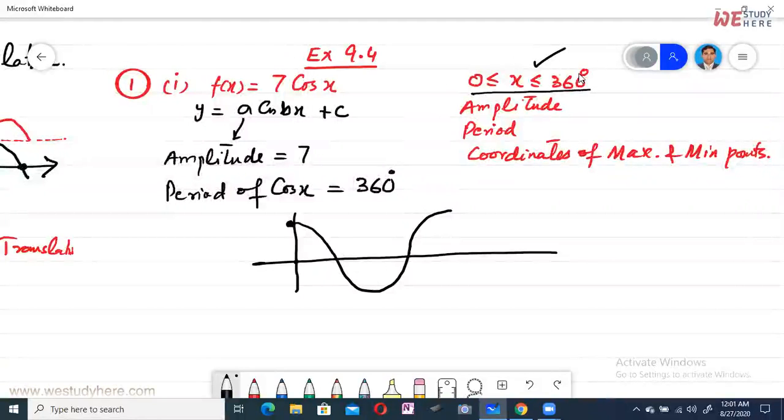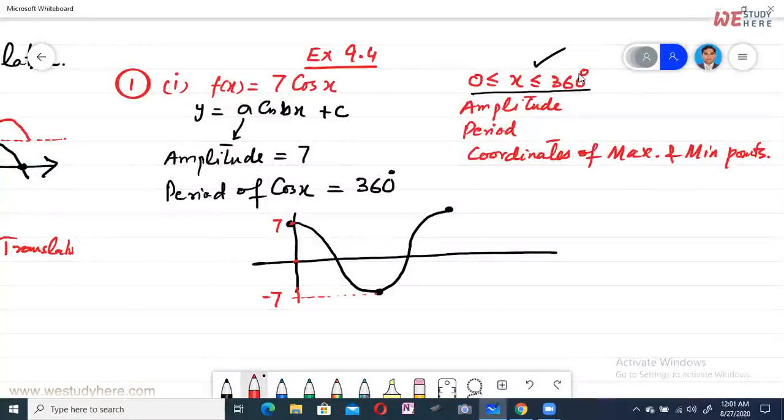This is a maximum point, this is a maximum point, and this is the minimum point. As the amplitude is 7, from the principal axis to this point it is 7, and from the principal axis to this point it is down, -7.